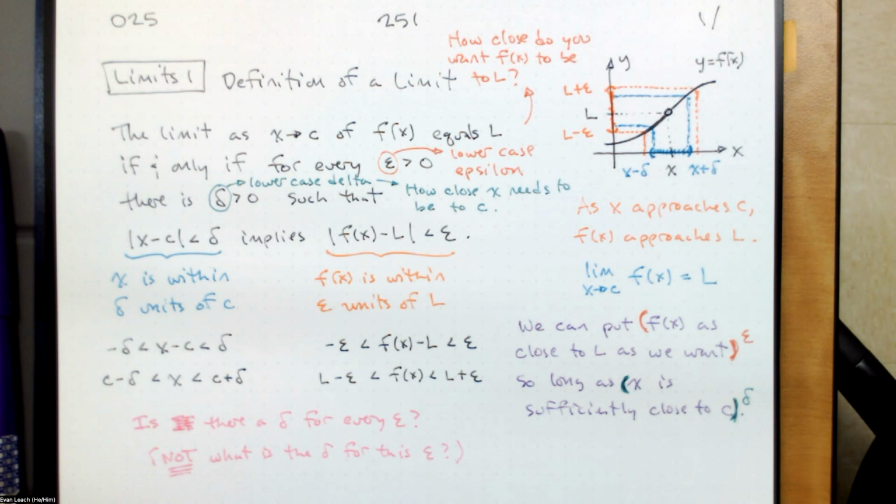So in this case, it seems kind of obvious because I picked something where the limit as x approaches c of f of x is equal to L, and I drew a picture that fits that description.